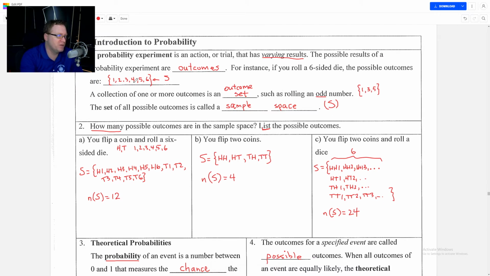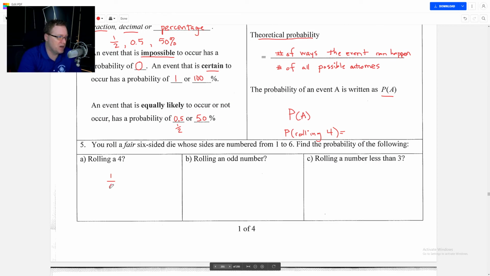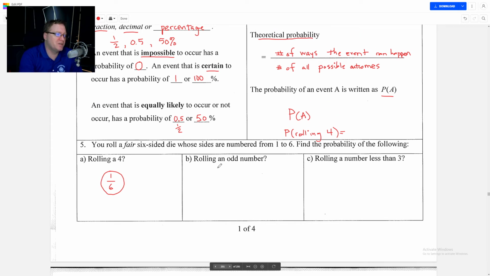Well, you could have 1, 2, 3, 4, 5, and 6. So the number of possible outcomes is 6. So the probability of rolling a 4 is 1 divided by 6, or 1 over 6. And you could put that into a calculator and get a decimal, 0.1667 or whatever, but you can just write it as a fraction. That's fine.